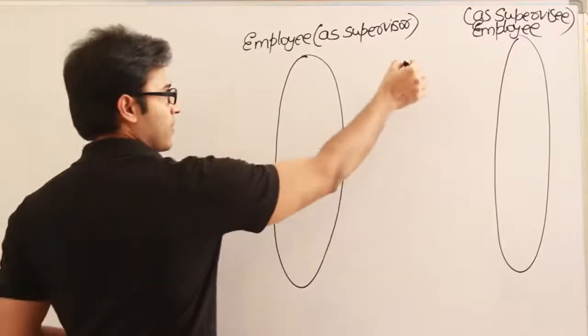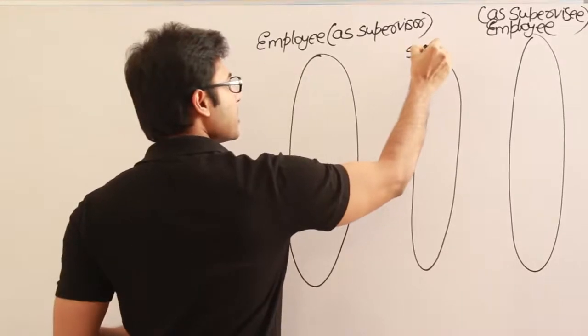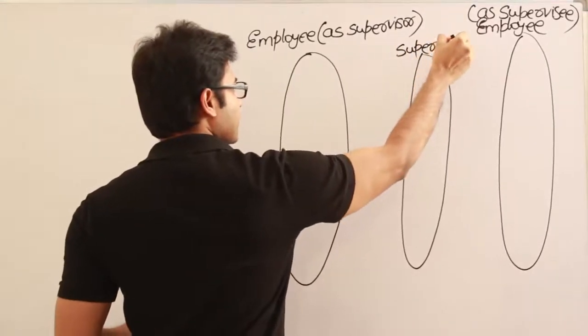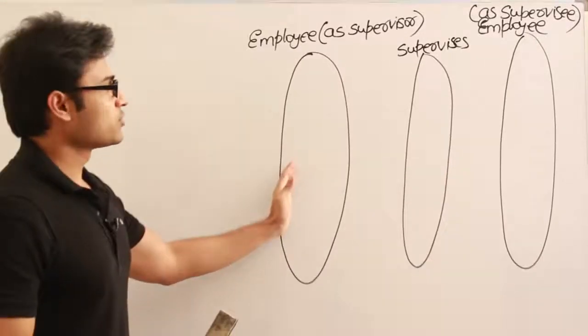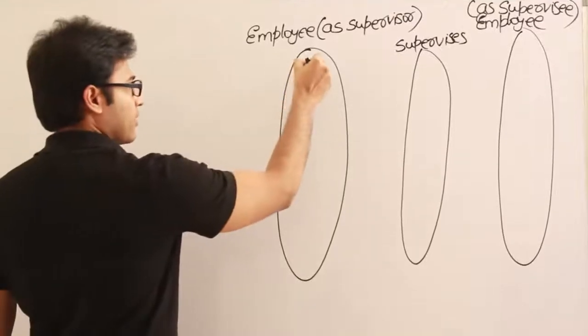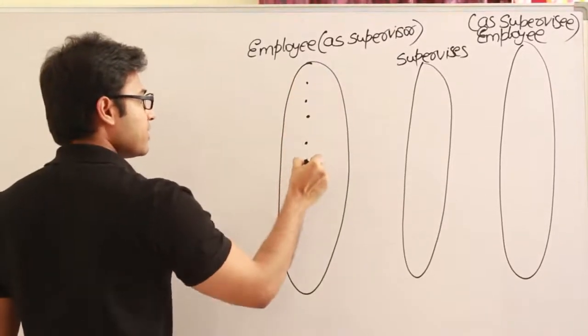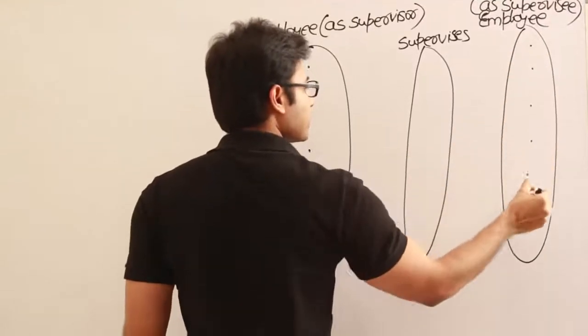Now for the relationship, you can give any meaningful name. Let us say the relationship name is supervises, which means this particular employee supervises those particular employees. Now there are employees here, and on the other side also there are employees.